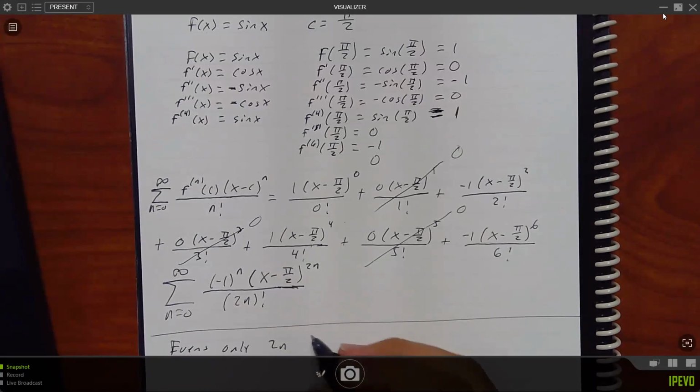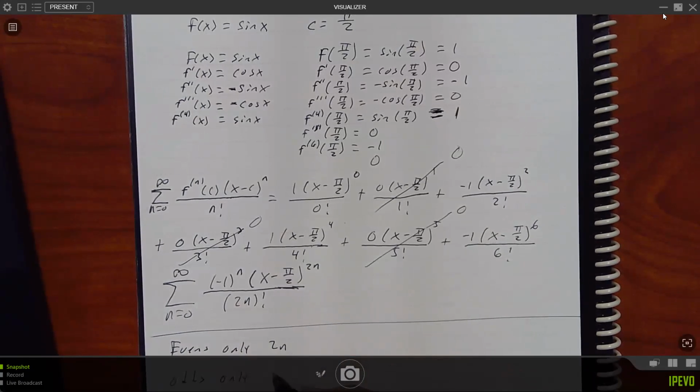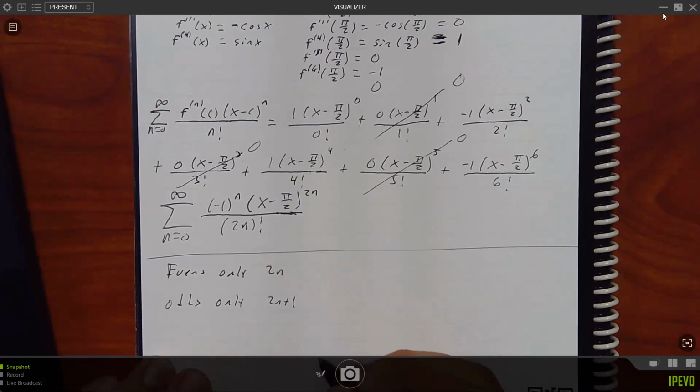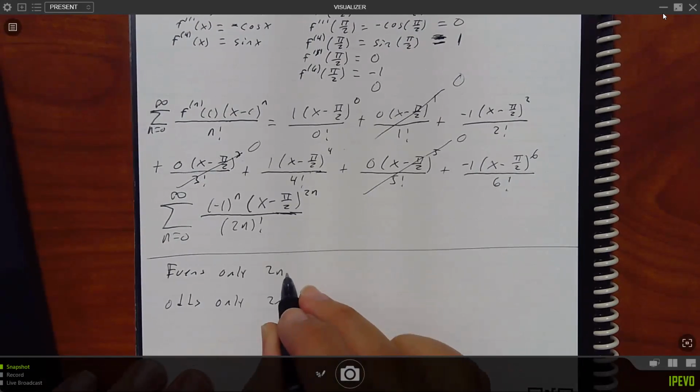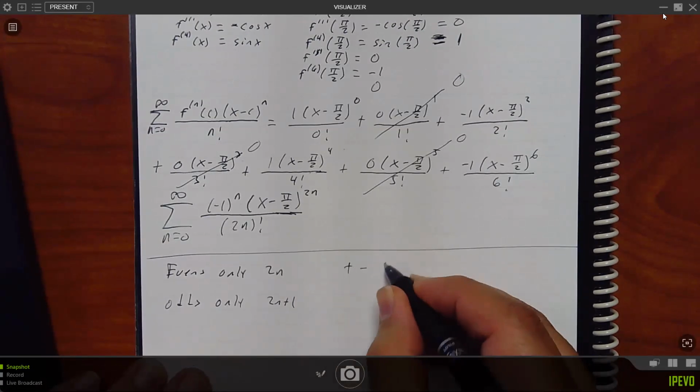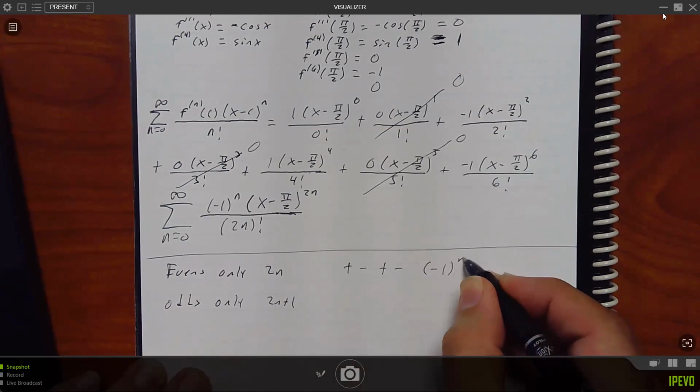Evens use 2n. Odds only use 2n plus 1. So this will give you odds, this gives you evens. If you want to be doing plus, minus, use this guy.